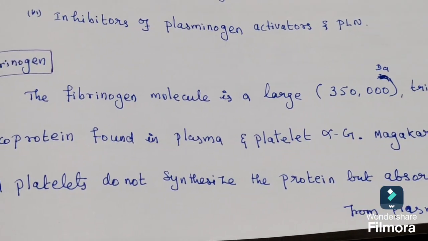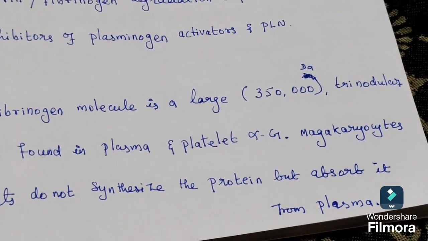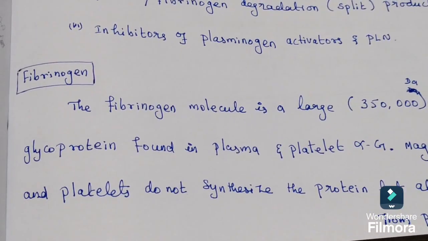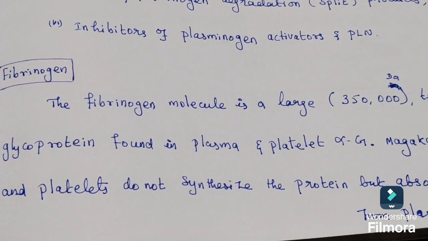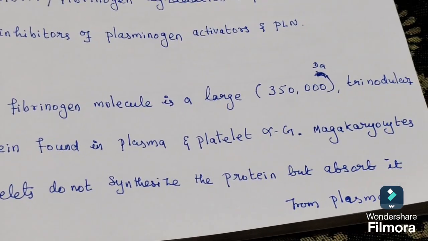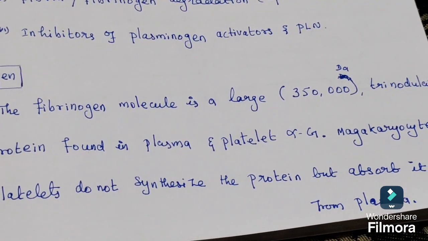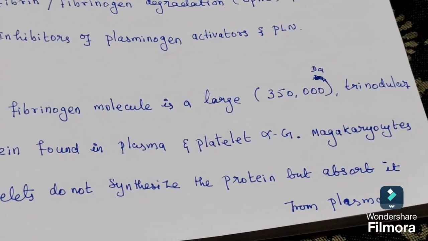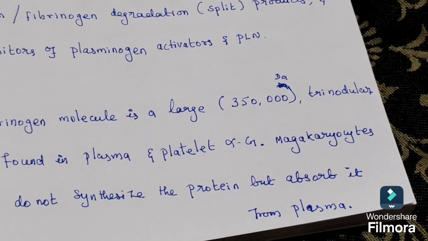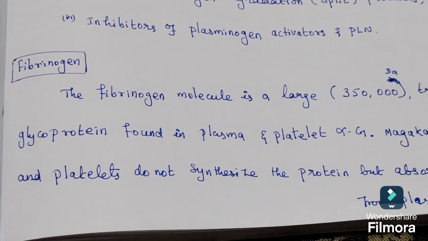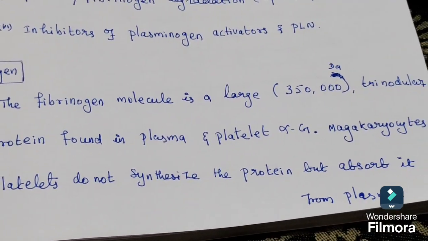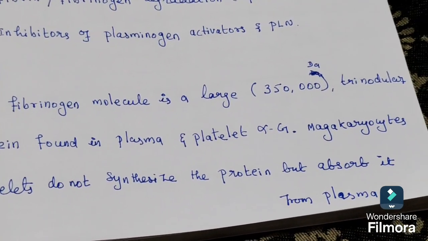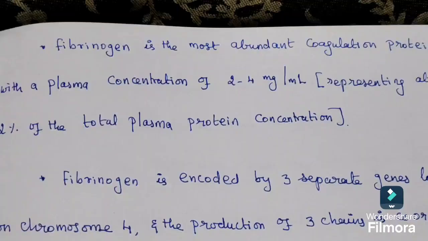Fibrinogen. The fibrinogen molecule is a large trinodular glycoprotein found in plasma and platelet alpha granules. Megakaryocytes and platelets do not synthesize the protein but absorb it from plasma.